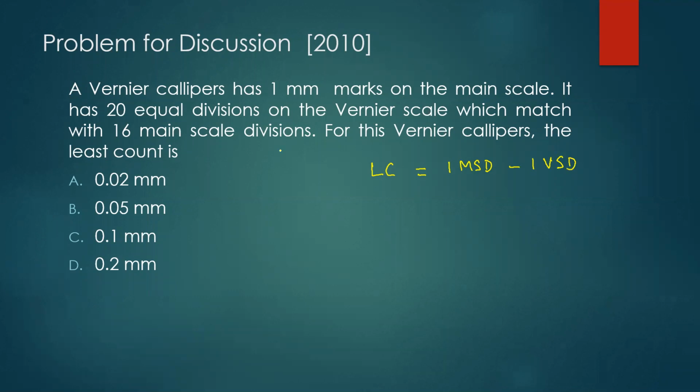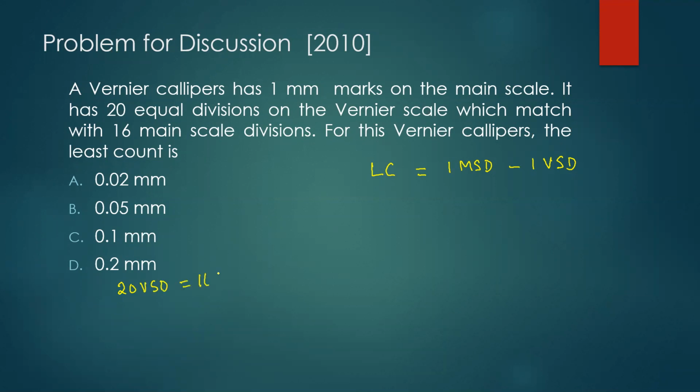Now, one main scale division is given, and then there is some additional information to figure out one vernier scale division. So how do I find one vernier scale division? They're saying 20 equal divisions on the vernier scale. So 20 vernier scale divisions are equal to 16 main scale divisions.